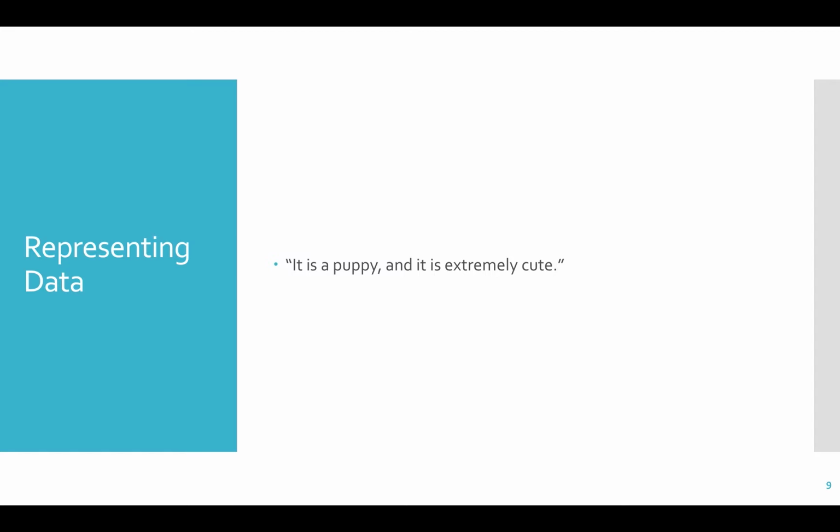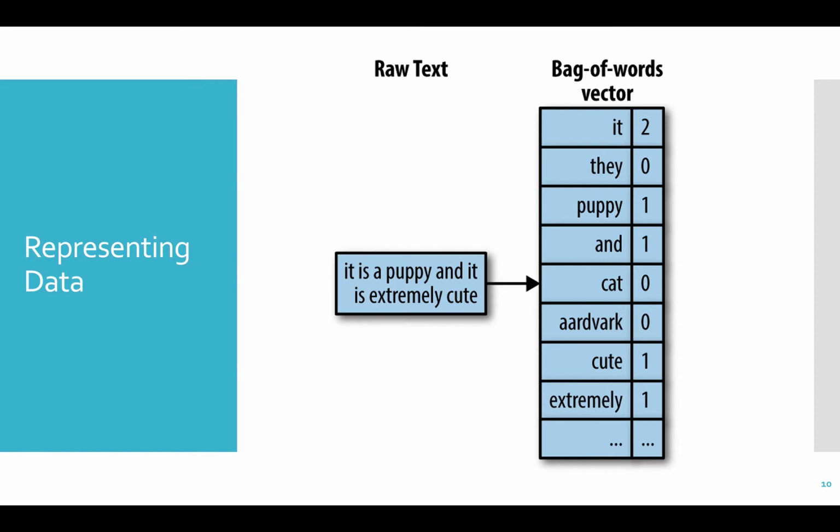If we have a sentence like, "It is a puppy and it's extremely cute," how might we represent that? The typical approach is like the pixel-wise representation for images, throwing away all context information. This is called bag of words. We treat the text like a bag of words, counting each word and representing the text as a vector of counts.